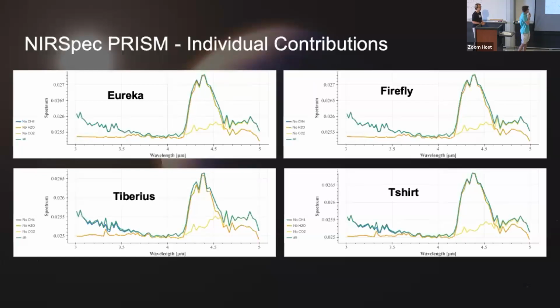But you can see if we leave out CO2 in all of these plots, there is something significant. It's very obviously significant. And at the edges again, if you leave out water, your spectrum changes again. So in summary, it's cloudy, there's SO2, and there's definitely CO2 and water, and methane is to be determined. And that's it. Thank you.